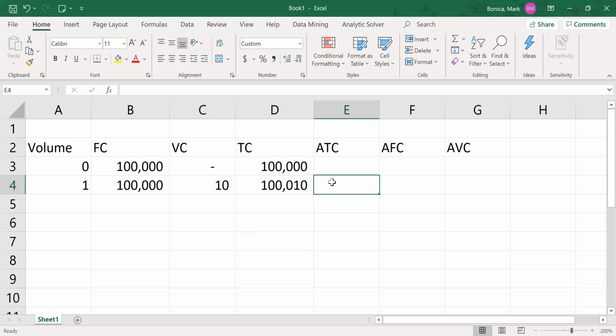All right, average total cost. So I want to know the average total cost per unit. How am I going to get that? So I have the total cost, I have the number of units. What am I going to do to get the average total cost?